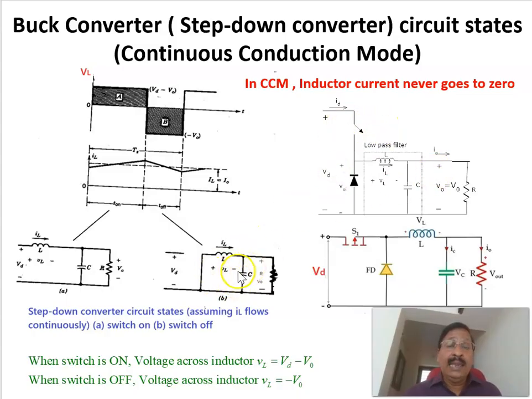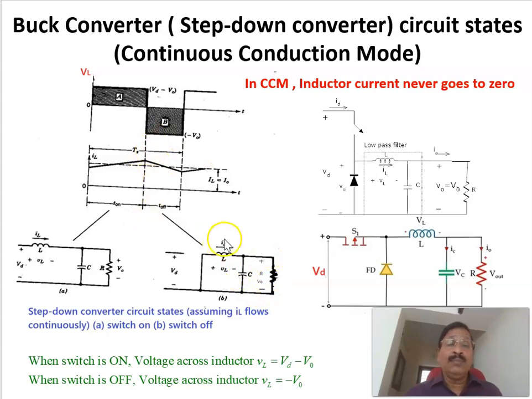Again applying Kirchhoff's voltage law, neglecting the drop across the diode, which is almost zero, and the output voltage V0 is the same as before, the average output voltage is not changing. Applying KVL to this loop, VL plus V0 equals 0, or VL equals minus V0.